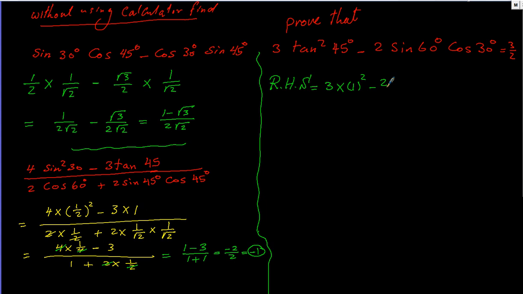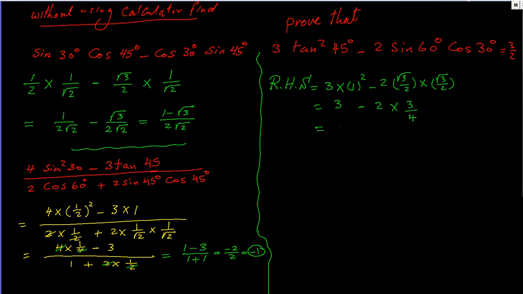Sine 60 equals root 3 over 2, times cosine 30. Cosine 30 equals also root 3 over 2. Simplifying here, it equals 3 minus 2 multiplied by root 3 times root 3 over 2 times 2, which is 4.